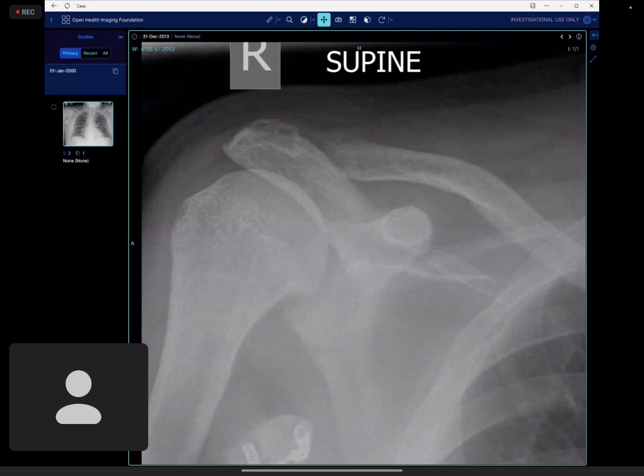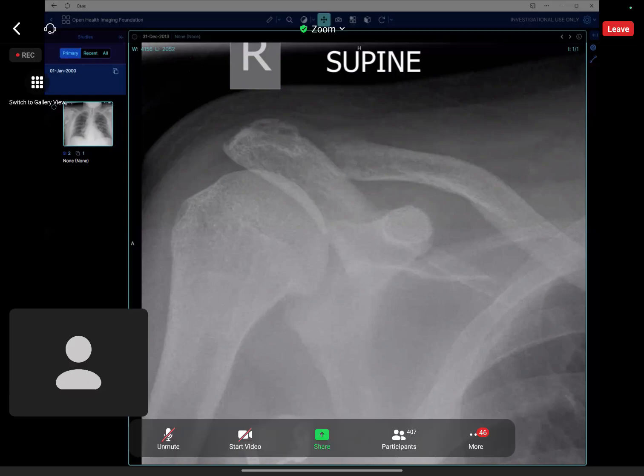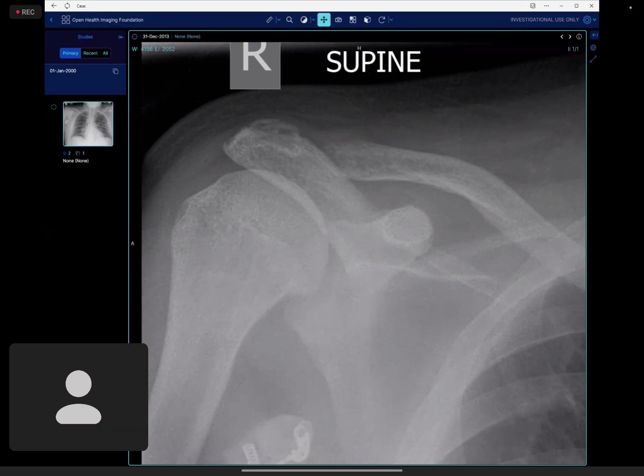I think I'm suspecting this may be related to possible inflammatory causes such as rheumatoid arthritis. To further confirm, I would like to review the radiographs of the hand.